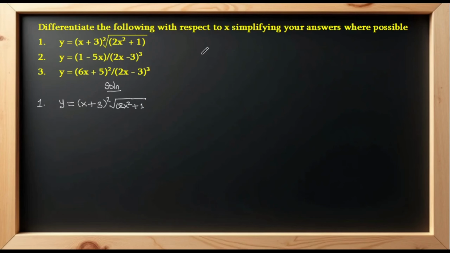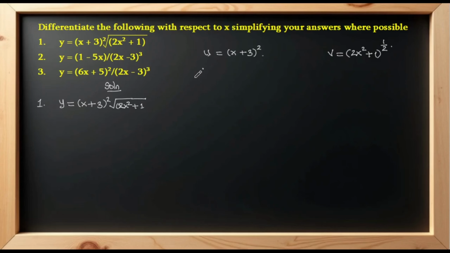Then we can go ahead and let u be equal to the first bracket, that is (x plus 3) squared, and v is our second bracket, that is the square root of 2x squared plus 1. And then the square root sign can be written in terms of a power, so this is 1/2.